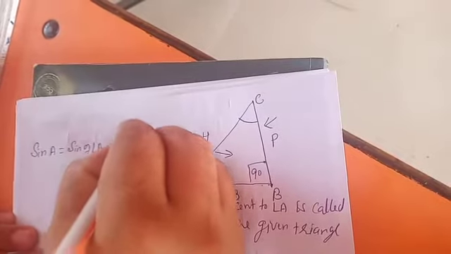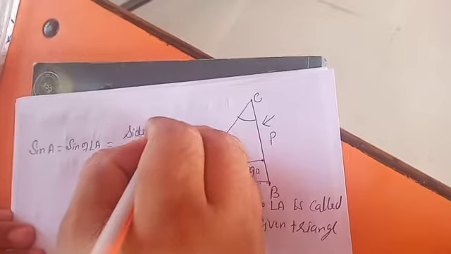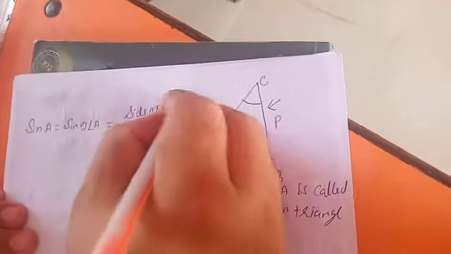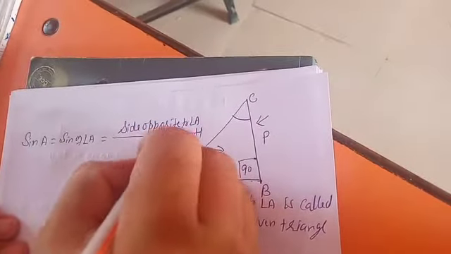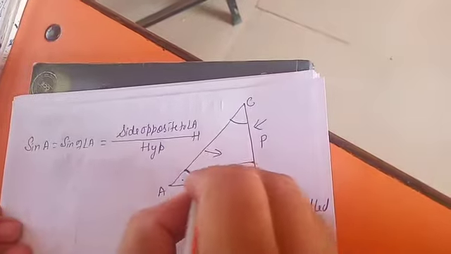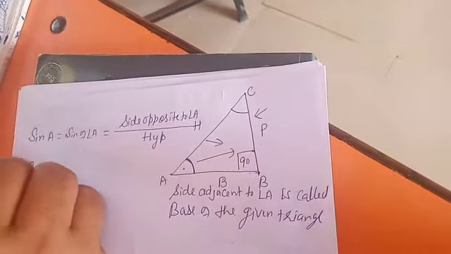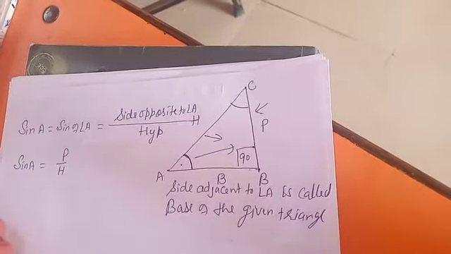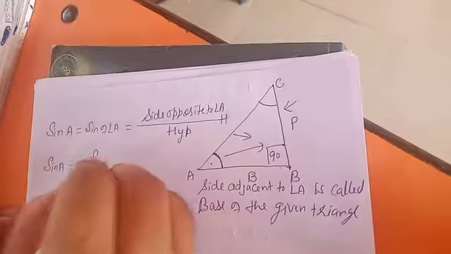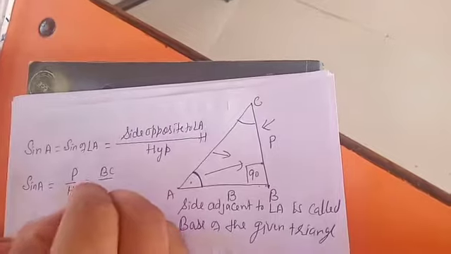Side opposite to angle A by hypotenuse. Which is the opposite side? This is the perpendicular. It means sine A is equal to perpendicular by hypotenuse, or here you can say BC by AC.